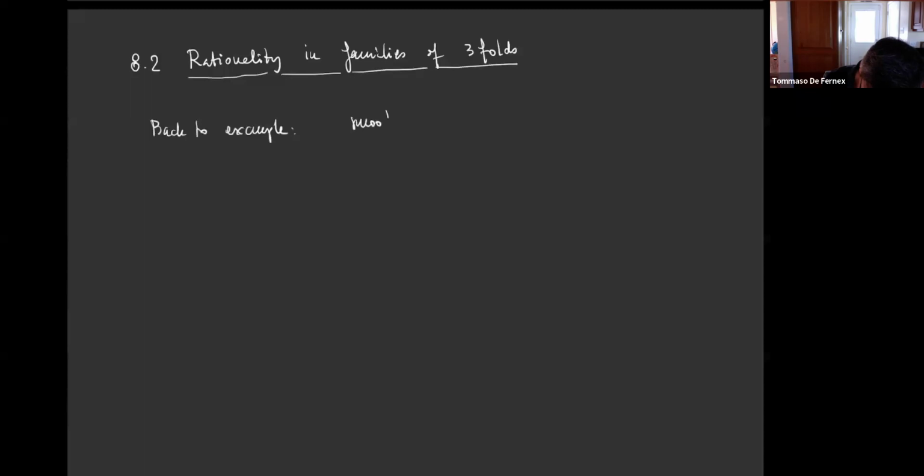Again, you look at the smooth cubic surfaces degenerating to a cone over an elliptic curve.